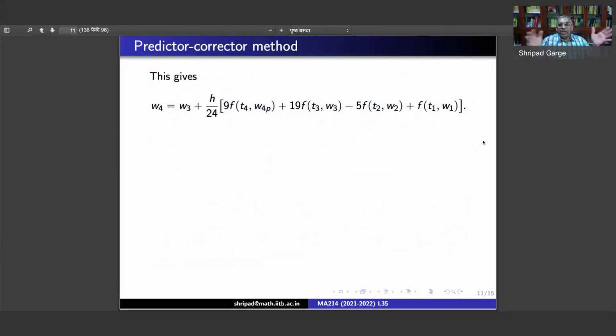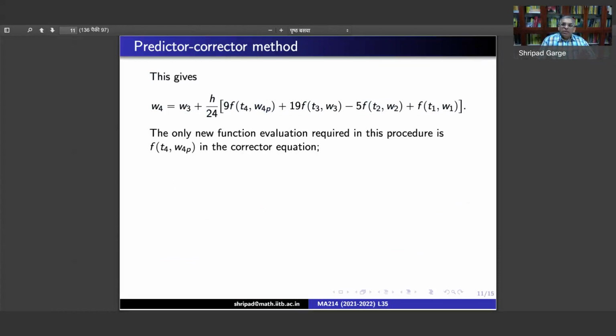So the order will be, you use the Runge-Kutta to obtain the first few initial values, then use Adams-Bashforth to predict a value, and then use that in the implicit Adams-Moulton method to improve upon the W4. This is what we are going to do.